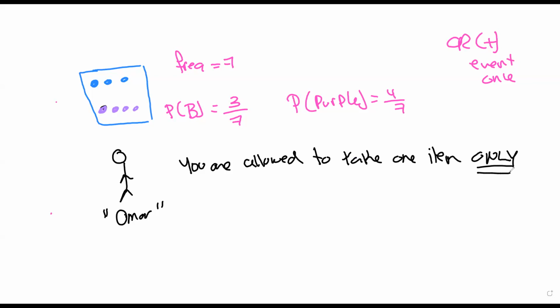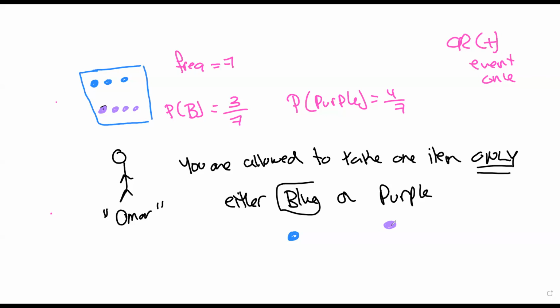So what will Omar reply? Omar will say, Dina, I will take either the blue or the purple. So he will take either a blue ball or a purple ball. He will take one item only, either the blue or the purple.